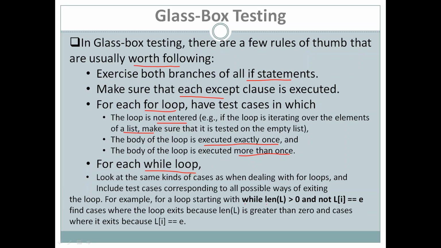If you have a while loop where length is greater than 0 and not L of I is equal to E, we have to find input cases where the loop exits because length of L is greater than 0 fails, and cases where it exits because L of I is equal to E. We have to find such inputs, and that needs to be tested if we have a while loop in the code.